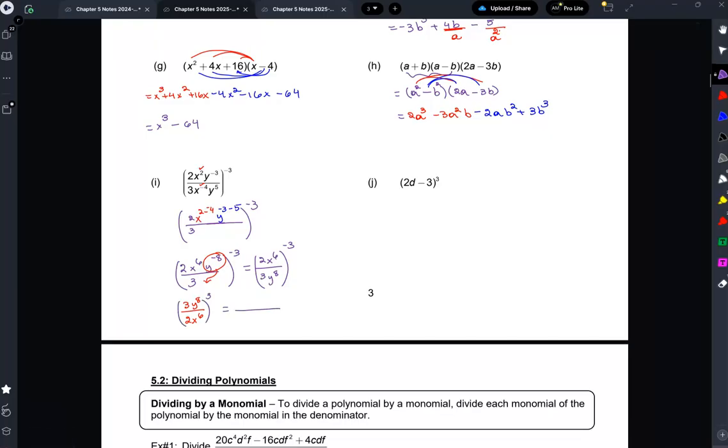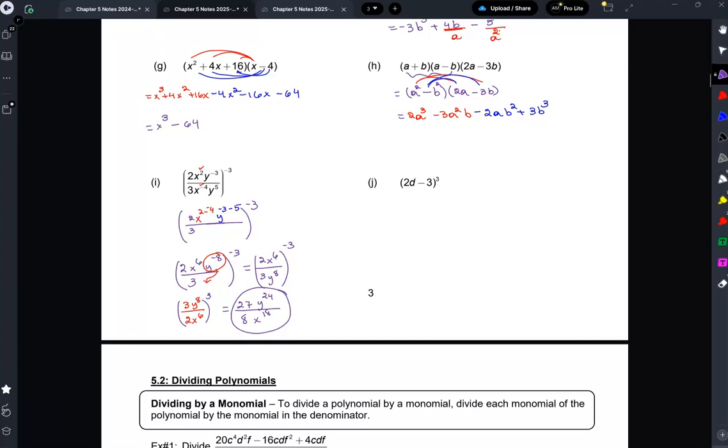Okay? So let's distribute that cube. 3 cubed, 27. Y to the power of 8 to the power of 3, y to the 24. 2 cubed, 8. X to the 6 to the power of 3, x to the 18, and now we're done.